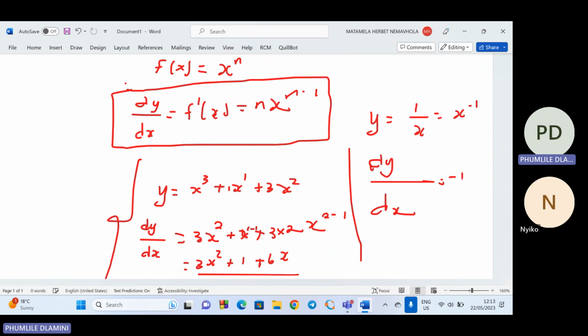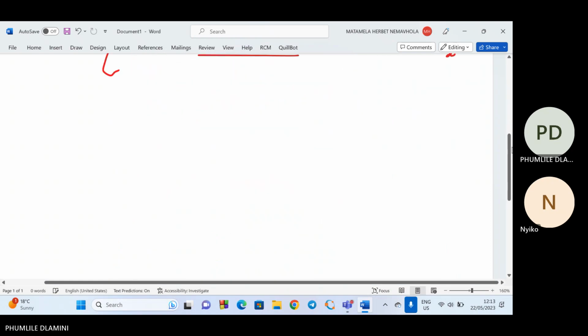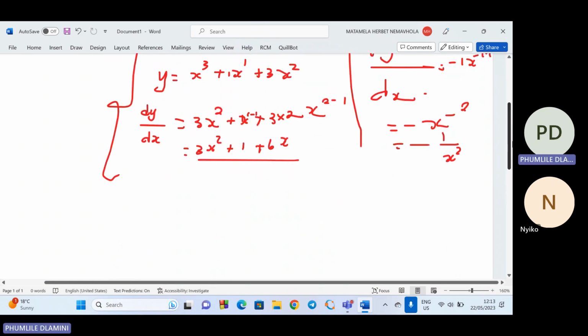It's going to be negative 1 times x to the power negative 1 minus 1. The answer is equal to negative x to the power negative 2, which is negative 1 over x squared.